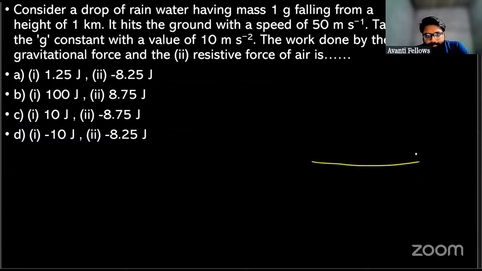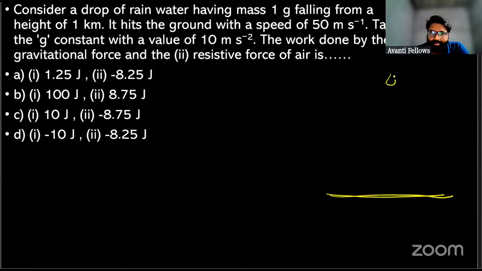So let's say this is the track or this is the surface and here is the droplet of water. It is falling from a height of 1 kilometer. Clear?